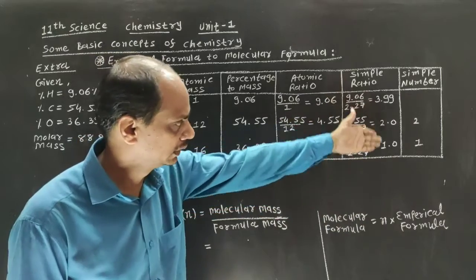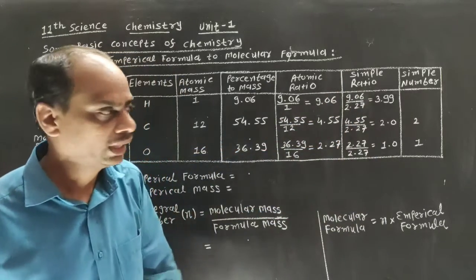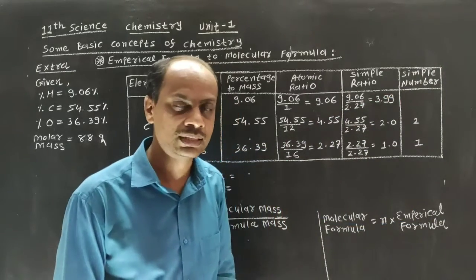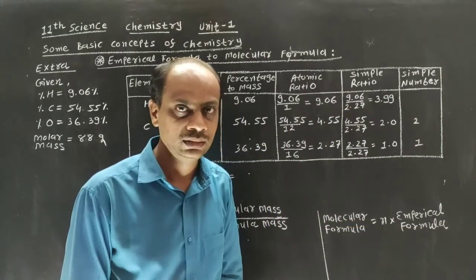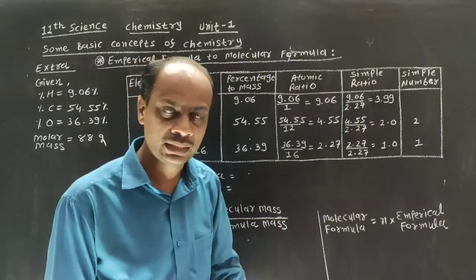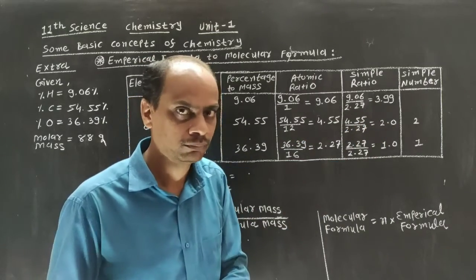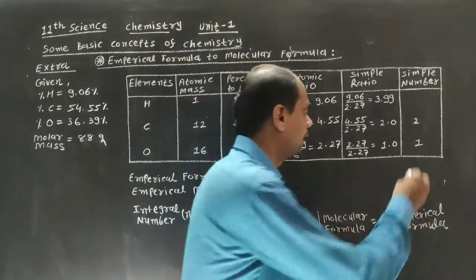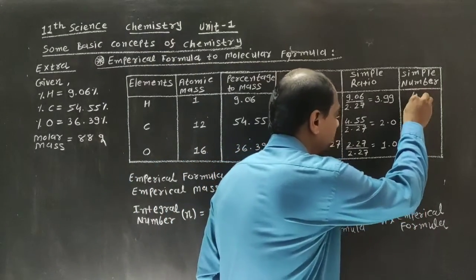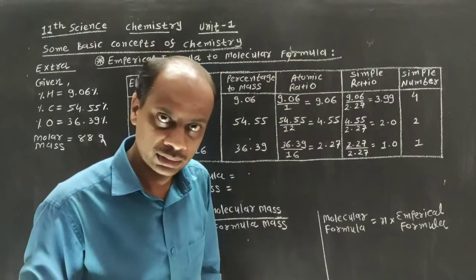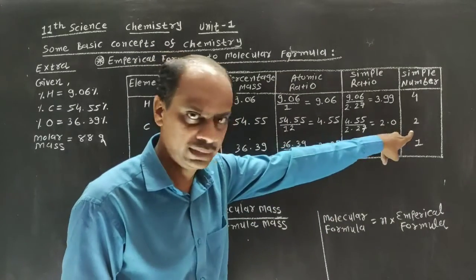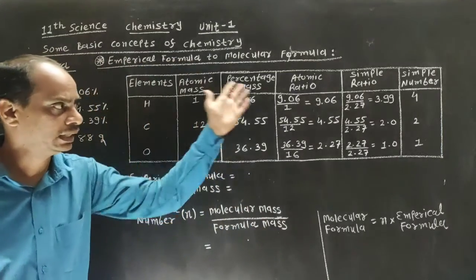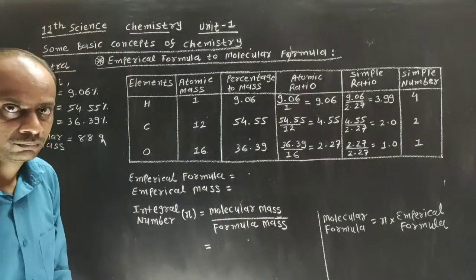Division gives you these answers. And the last column is for the simple number. Is it 3.99? What can I write? 3.99 or the next whole number, the simple number, which is 4. Clear to you? Then 2 remains 2 and 1 remains 1. Is there any doubt in the tabular format?